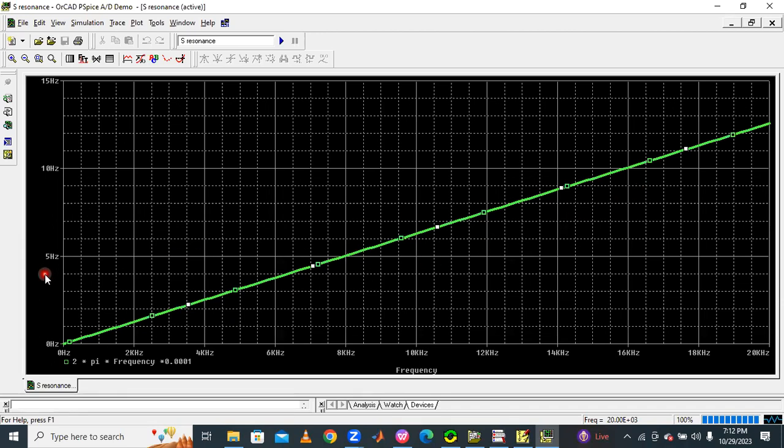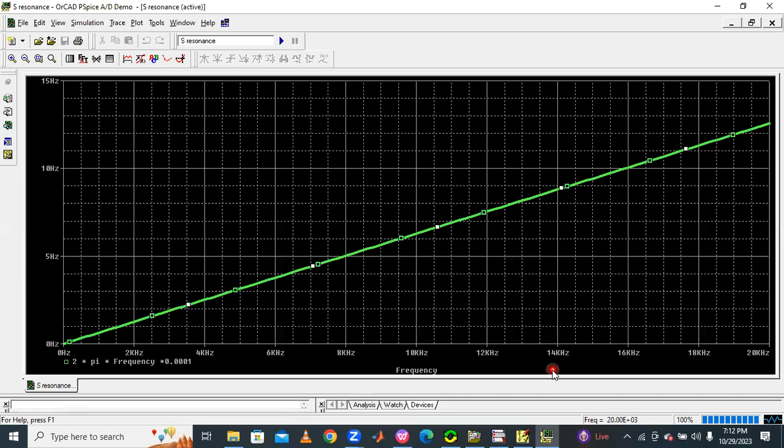Like this, 5 kilo ohms, 10, 15; 2 kilo ohms, 4 kilo ohms, 6 kilo ohms. This is called XL, XL versus frequency.